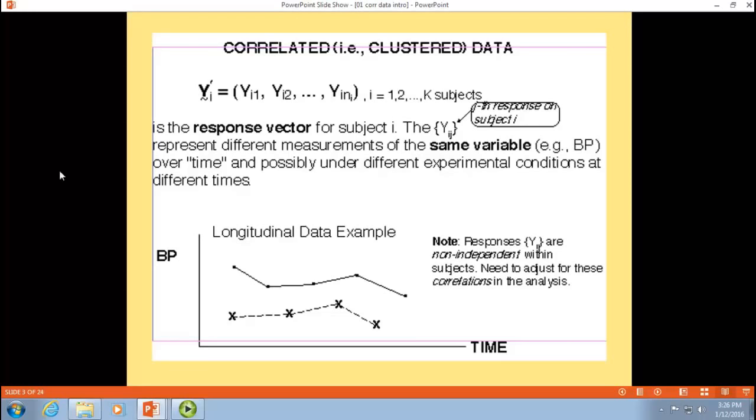First of all, the graph at the bottom has 4 x's, so there are 4 measurements being done in that cluster, and the one above it has 5 measurements. So what's n sub i here? n sub i is 4. n sub i here is 5.